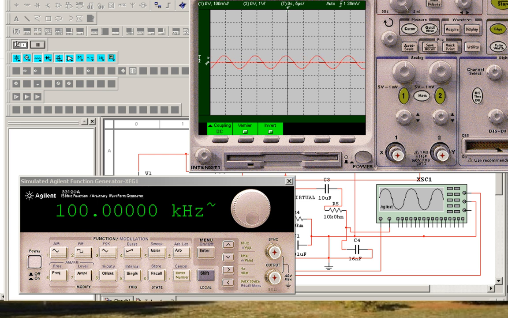So you can see if I go higher in frequency, there's no output because it's being shorted to ground. So let's go lower in frequency here.